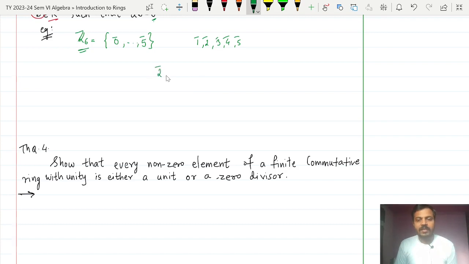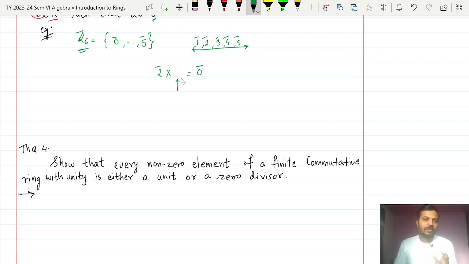Let us pick another element, that is 2 bar, and we have to check whether 2 bar multiplied by something is equal to 0 bar or not. Remember, this something is actually a non-zero element in the ring. So if I put 1 bar once again, we will get 2 bar, right? 2 bar multiplied by 1 bar will be 2 bar.